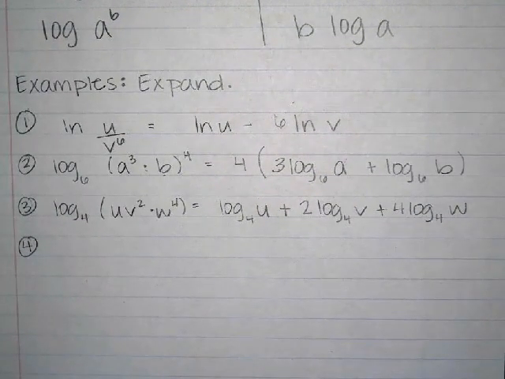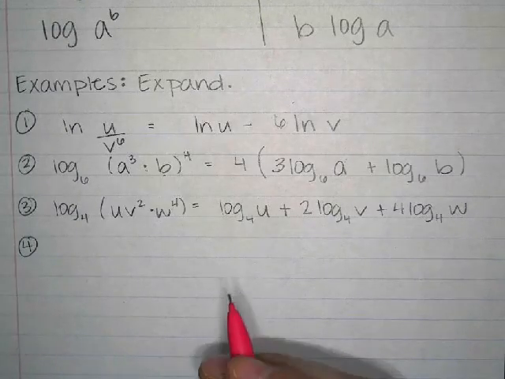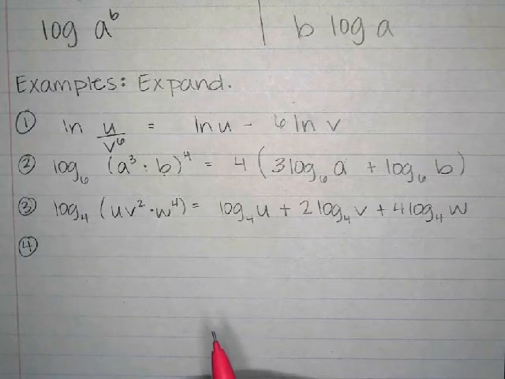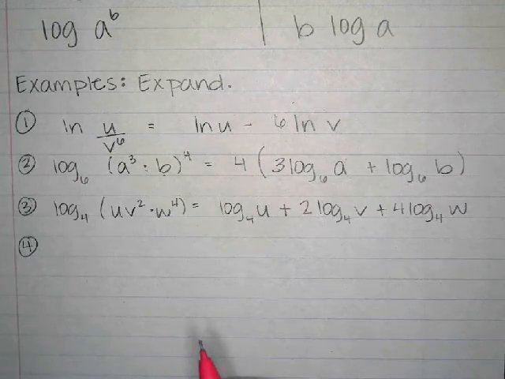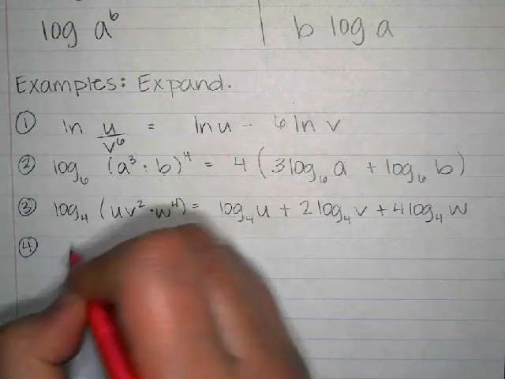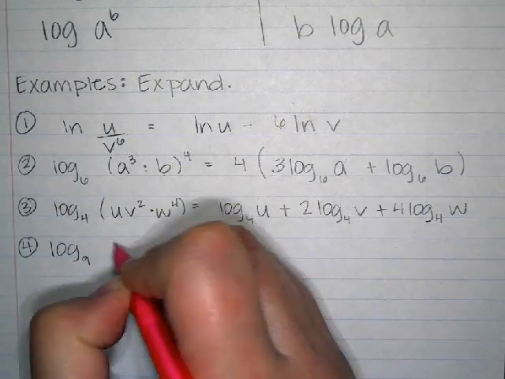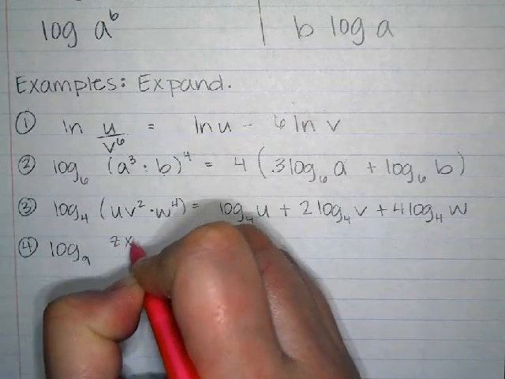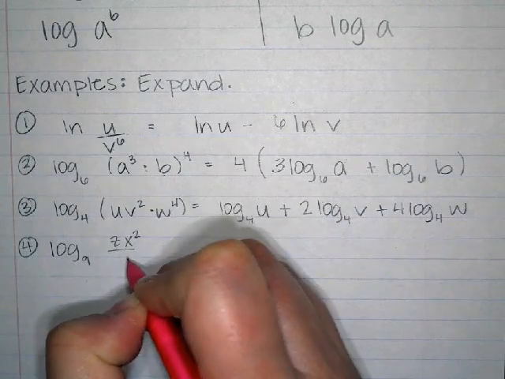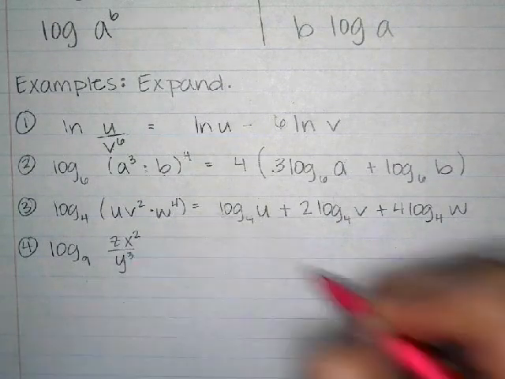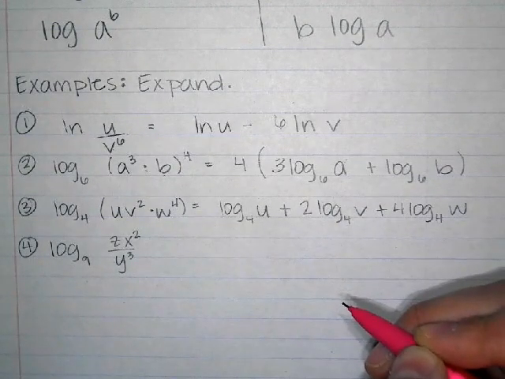All right. Log base 9 of zx squared over y to the 3rd. How many times are we writing log base 9? 3 times. All right, I'm going to make you guys uncomfortable on purpose when we write this one.